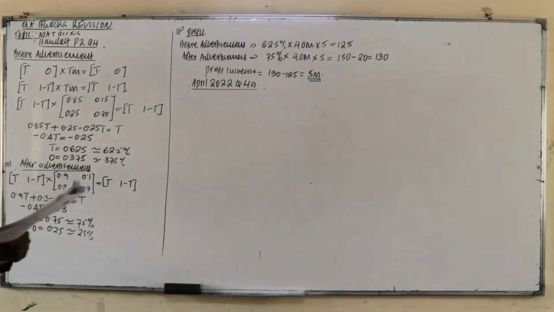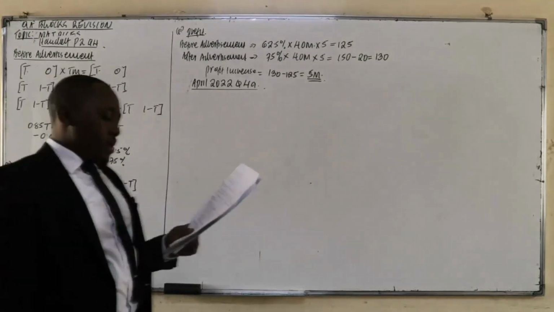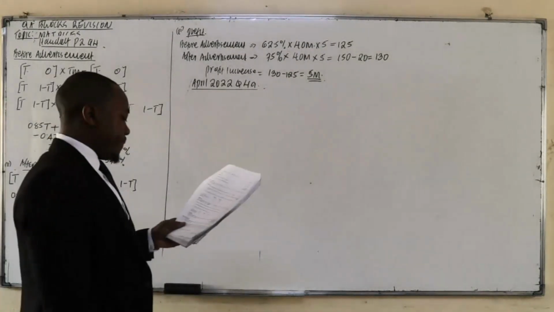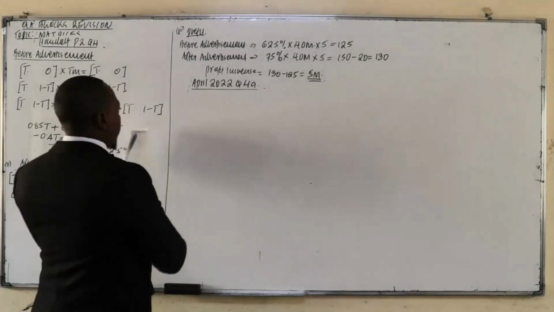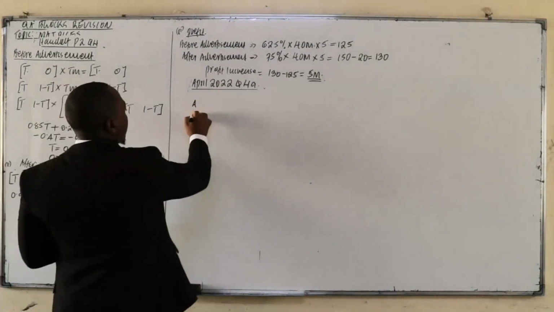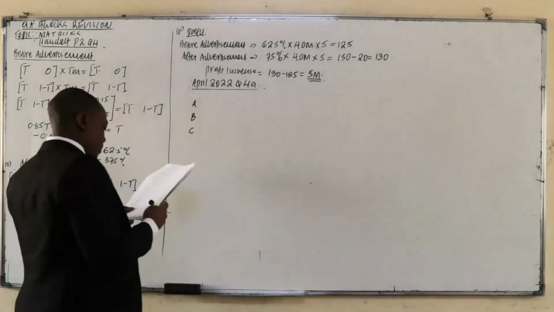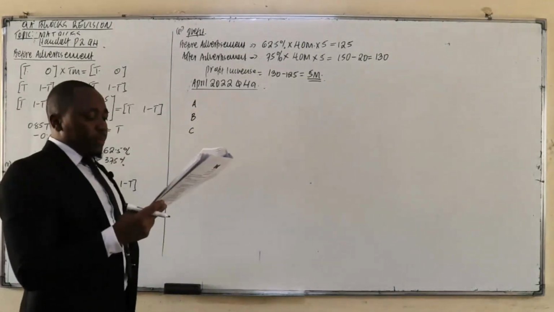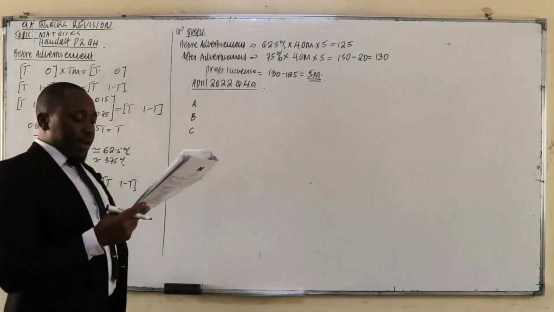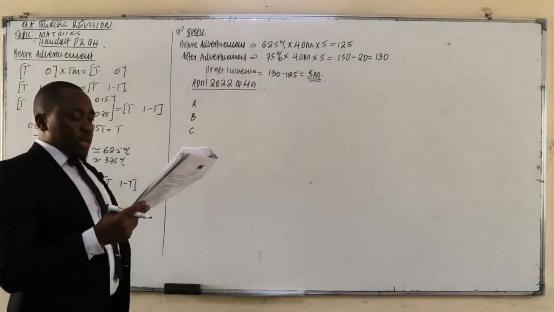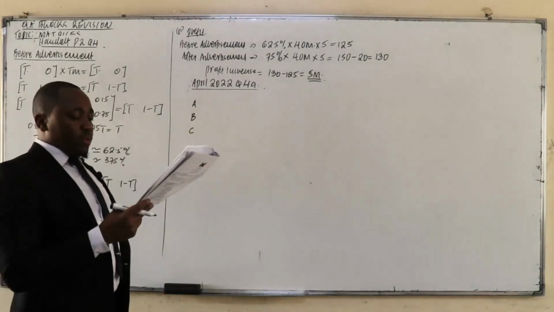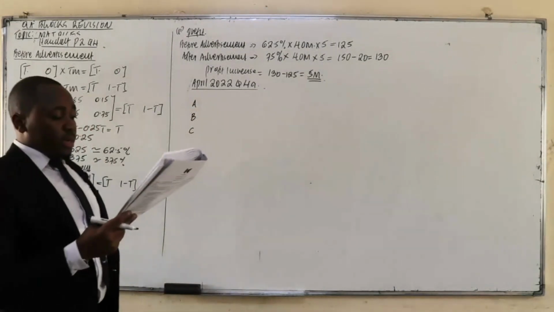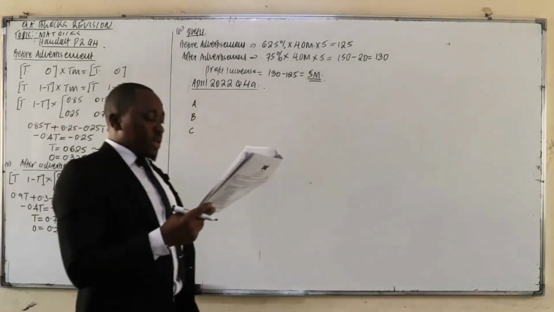XYZ Limited produces three products, namely A, B, and C. The company presents the profit per unit of the product it produces and sells as follows.